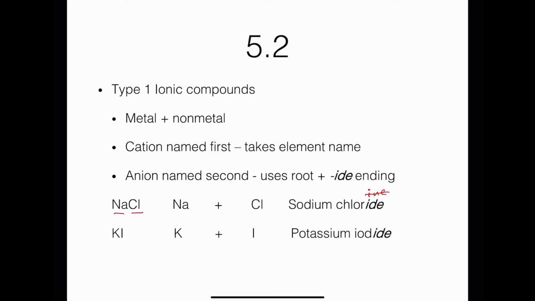So KI is then potassium iodide. And our last example is MgO. Mg, magnesium, and O, oxygen. But when we put this into its name form, we take the name magnesium and we don't write oxygen, we write oxide. So oxide instead of oxygen becomes the name of our compound.